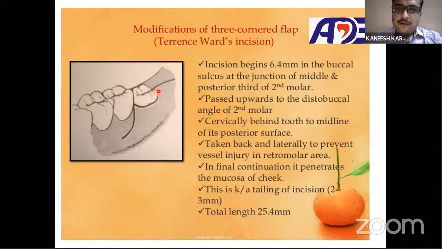It should be here. In this diagram it is wrong. It should be here, and the total length is only 2 to 3 mm, because sometimes the lingual nerve lies exactly on the crest of the alveolar ridge. In 7 to 10% of cases, the lingual nerve lies exactly on the crest of the alveolar ridge.